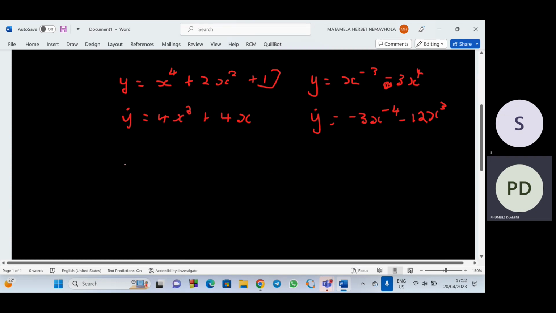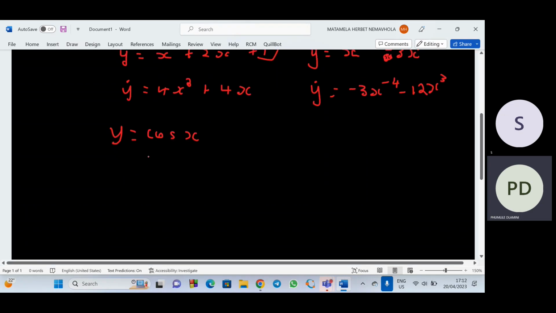We also have functions. For example, you might have to differentiate y equals cos of x. When we differentiate cos of x, the answer becomes negative sine of x.